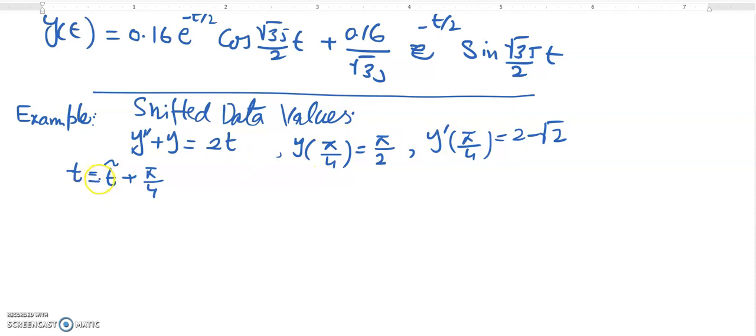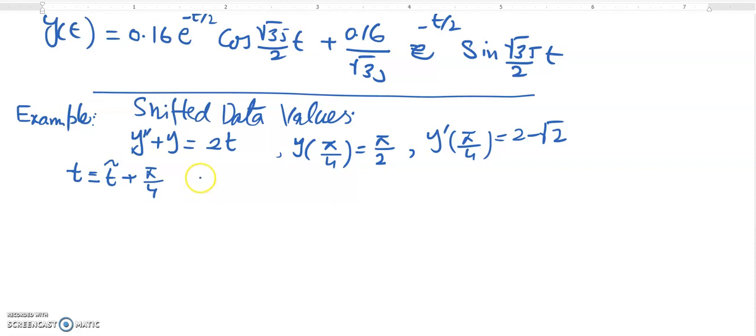So we will convert this equation from t to t tilde. When we convert from t to t tilde, we will also change the representation of y from y to y tilde.